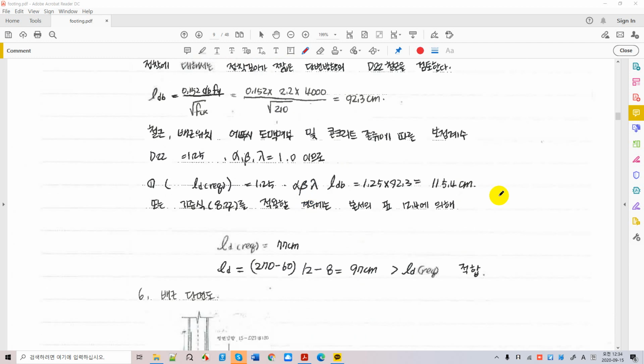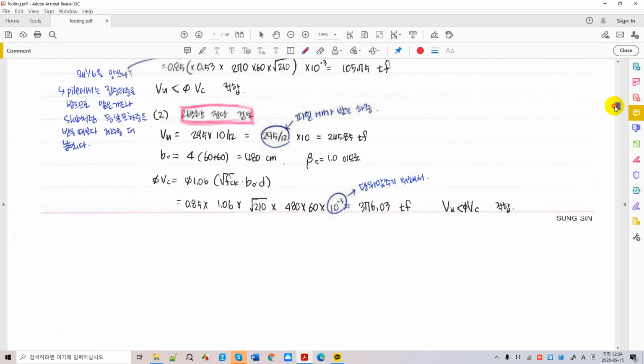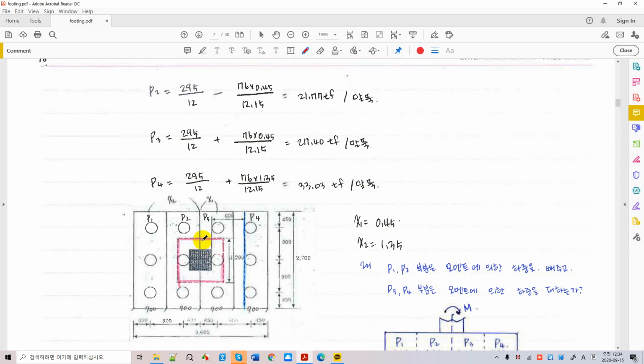So if you take a look at the short dimensions right here, your rebar from here to here has to extend at least equal to or greater than 77 centimeters, all right? So we'll calculate if we have enough length for that.